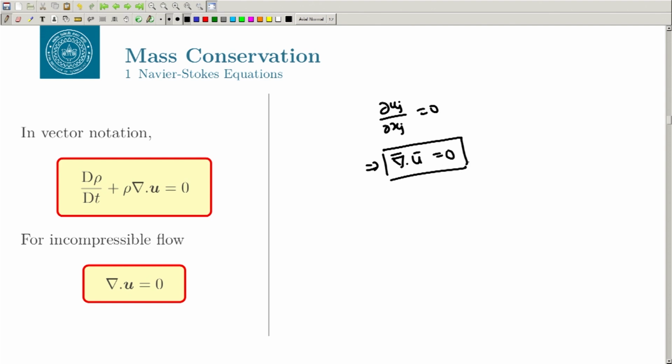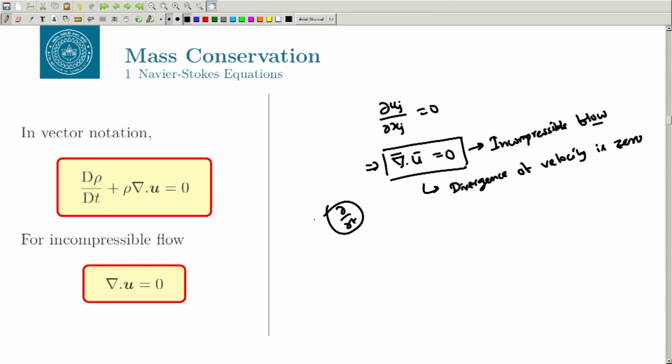This is the expression that you use for incompressible flow, where we say that the divergence of velocity is 0. Remember, when you go from compressible to incompressible, you lose the d by dt term.